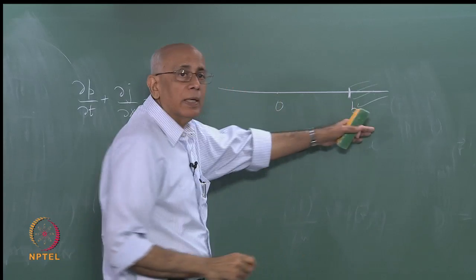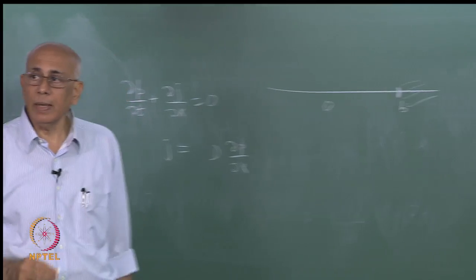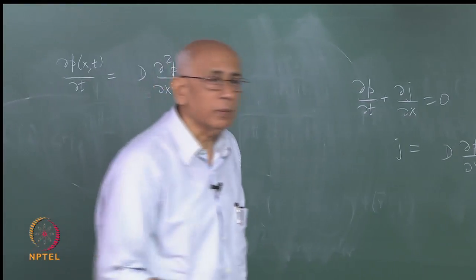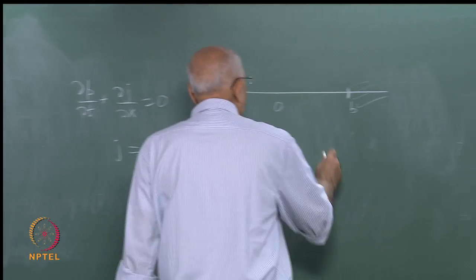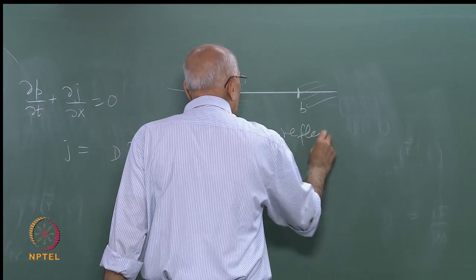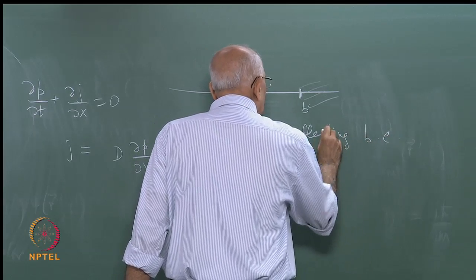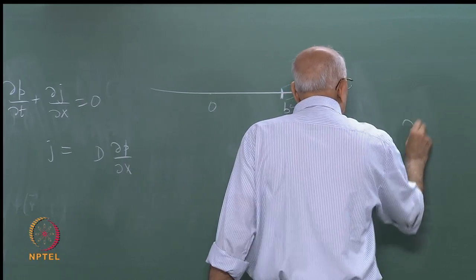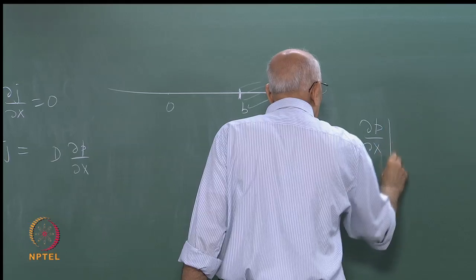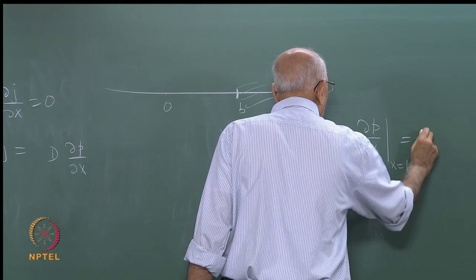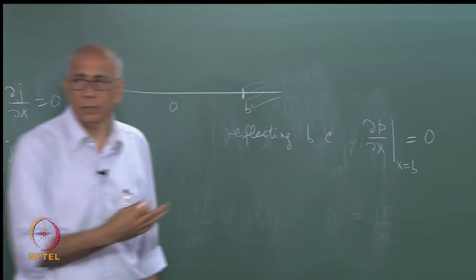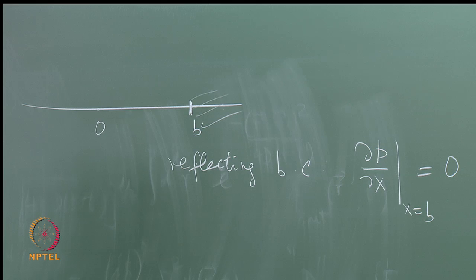The system comes and hits this and goes back, it remains to the left of it at all times. This is called a reflecting boundary condition. It is equivalent to saying that ∂p/∂x at x = B equals 0, no flux through this point, and the physical region is to the left of this point B.